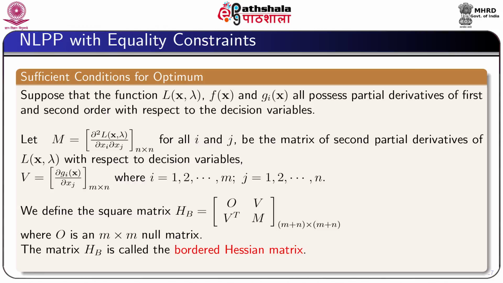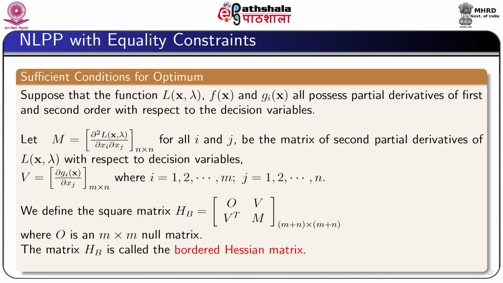Suppose that the functions L(x, lambda), f(x) and g_i(x) all possess partial derivatives of first and second order with respect to the decision variables. Let M be the matrix of second order partial derivatives of L(x, lambda) with respect to the decision variables as shown in this slide, and V be another m by n matrix for i equal to 1 up to m and j equal to 1 up to n as shown in this slide.